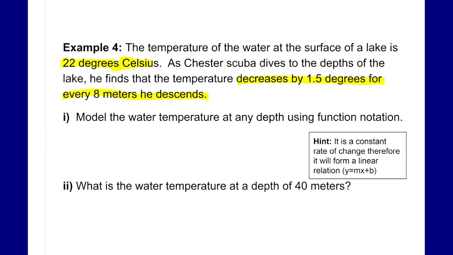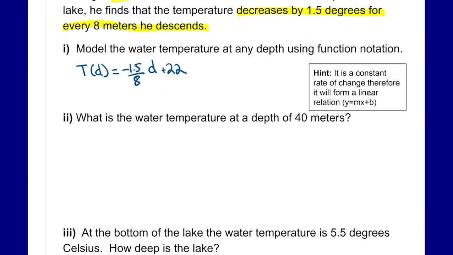We can say the temperature, capital T, at a given depth, T of D, is going to equal some expression with D in it. Y equals mx plus b: negative 1.5 divided by 8, that rate of change, times the depth, plus the initial 22 degrees Celsius. So that is our function for this scenario.